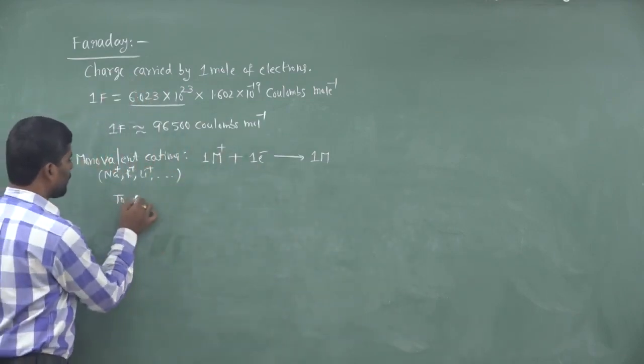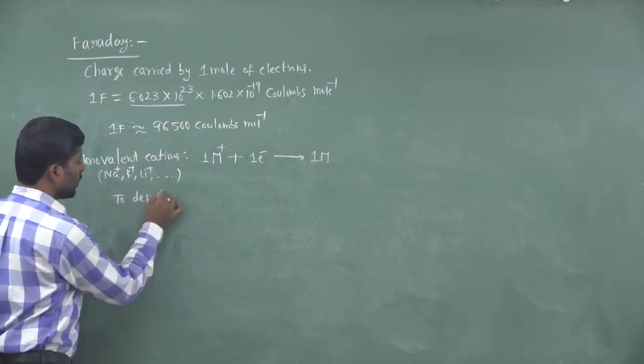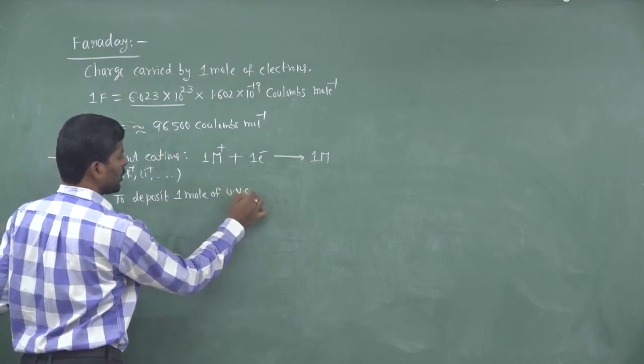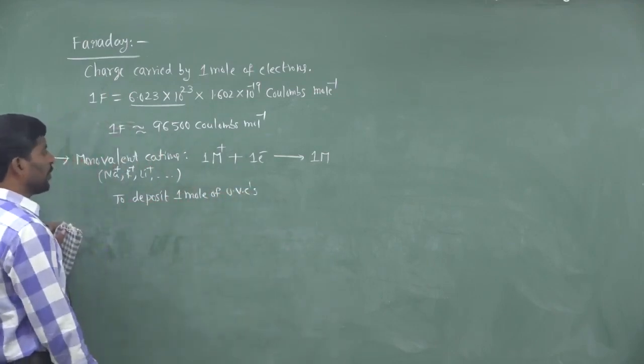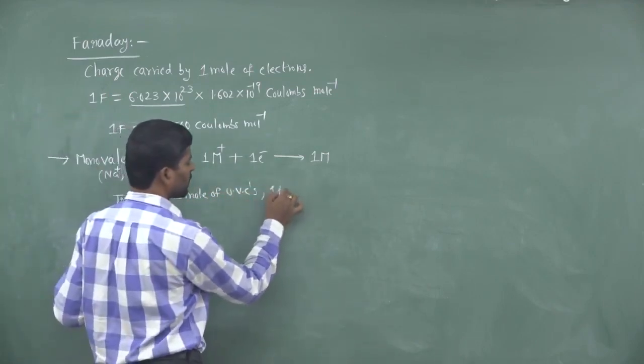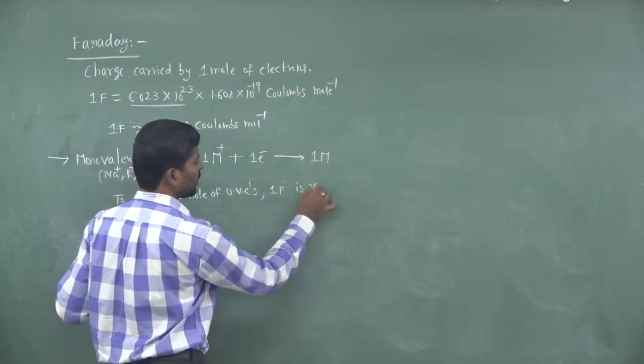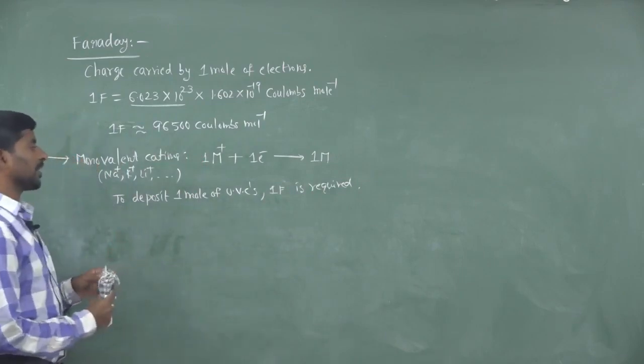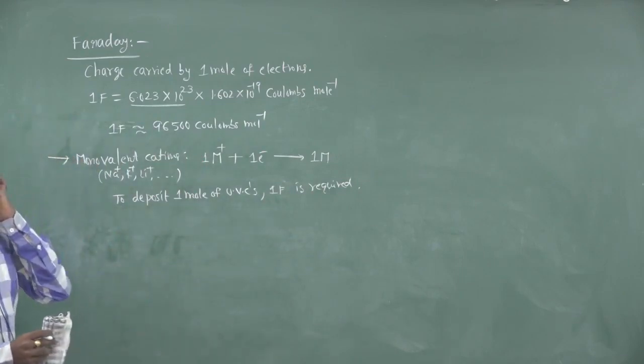So to deposit 1 mole of univalent cations, 1 Faraday is required.